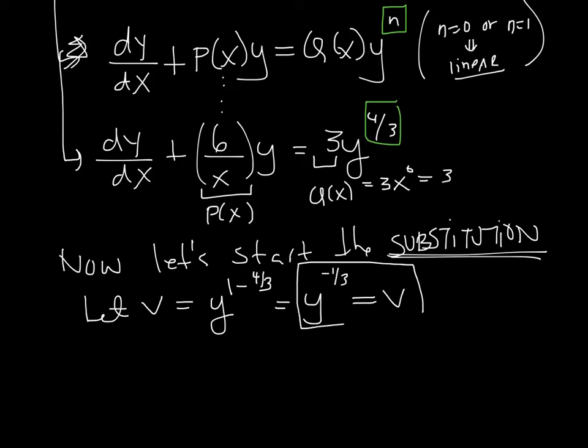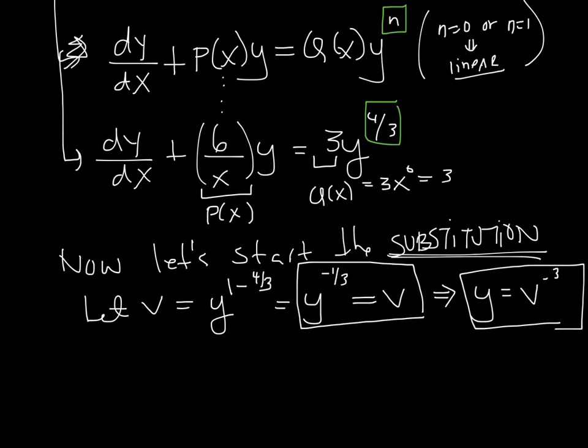So there's one relationship we're going to use. And then easily, if you solve for y, I can raise this to the negative 3rd power, so then I just get v to the negative 3. Again, the goal is we want to rewrite this in terms of our v.